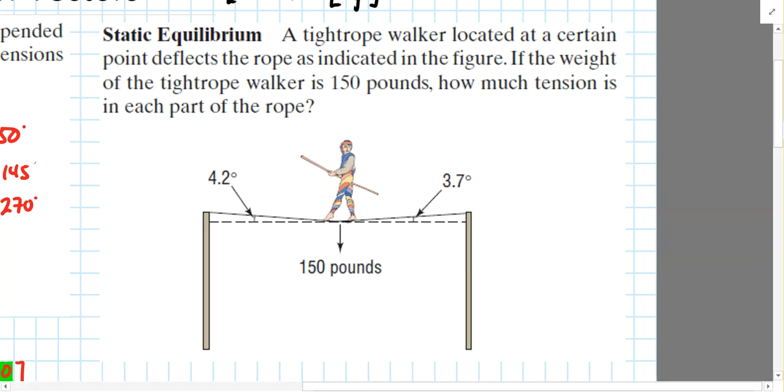We do have a very similar free body diagram. If the center of the system is right here, we've got 3 vectors with 150 pounds pointing straight down, some unknown tension pointing up at 3.7 degrees to the right, and some unknown tension 4.2 degrees to the left.